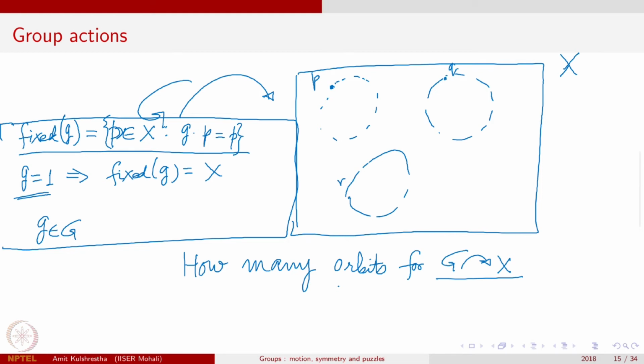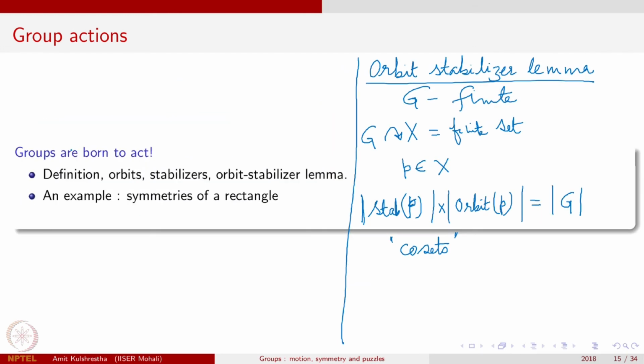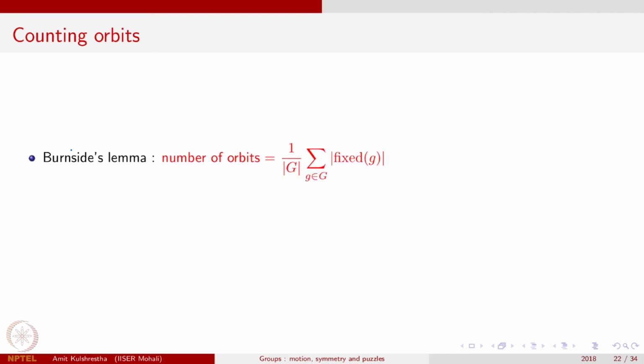And what I am going to say is that the question of how many orbits are there for a group action has a connection with the number of fixed points. Now what's the connection? And that is Burnside's lemma. What does it say? It says that for each G, you consider how many fixed points are there.